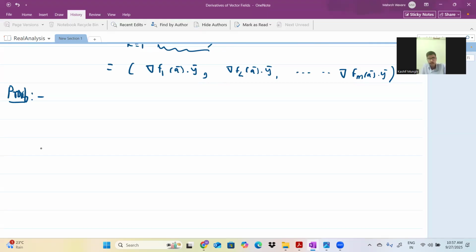Okay, we'll go for the proof. We'll make cases. If y is 0, if vector y is 0, then what will happen? F dash of a bar in the direction y bar, by the definition of limit, is the limit as s tends to 0.